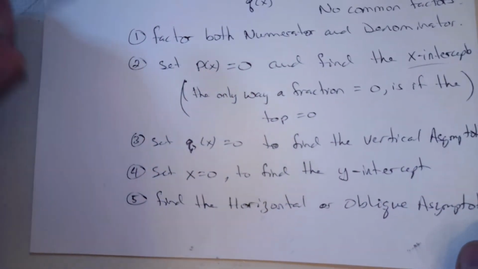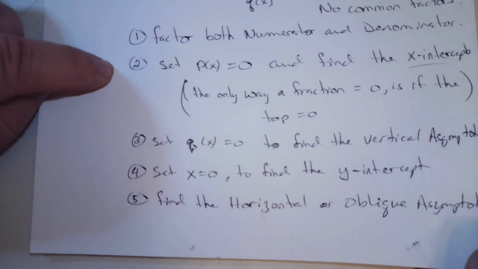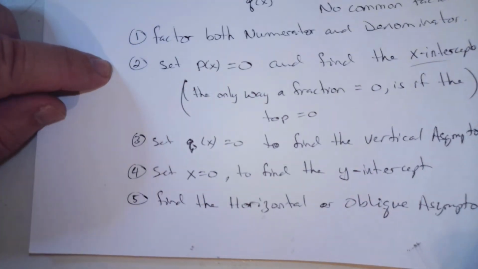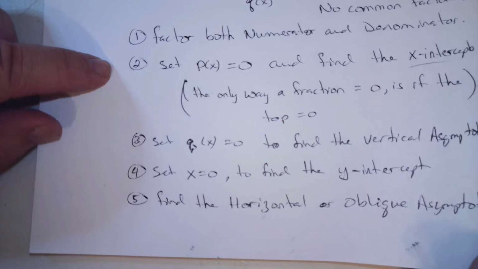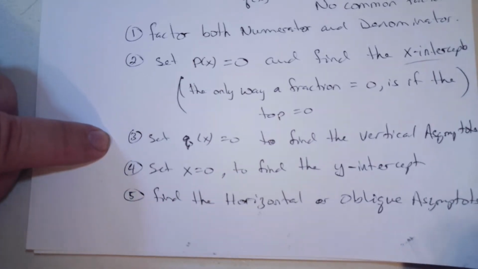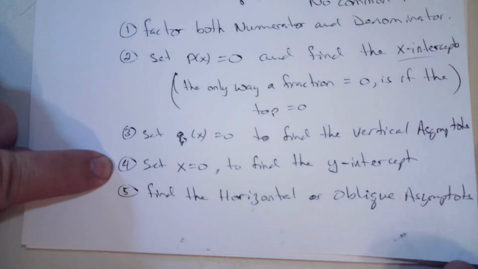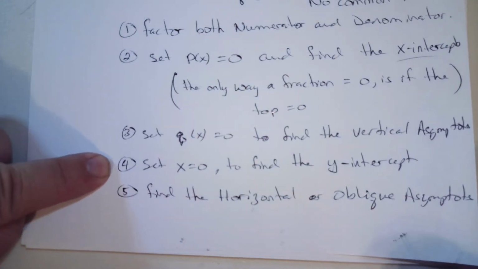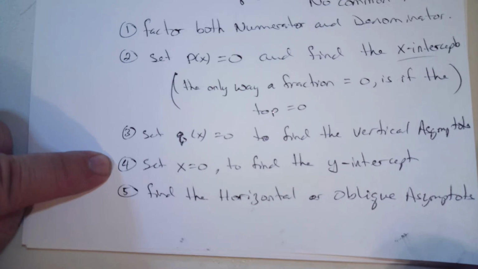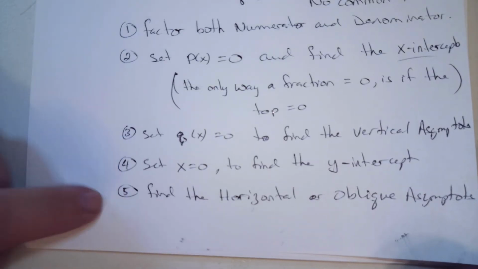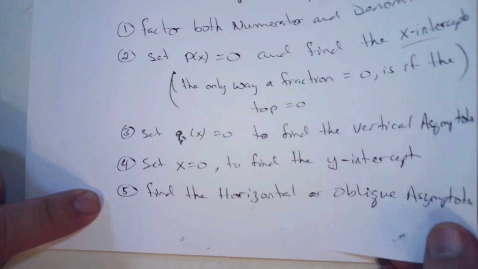So these are the 5 steps. Factor both top and bottom. Set the top equal to 0 and solve; that tells you the x-intercepts. Set the bottom equal to 0; that gives you the vertical asymptotes. Set x equal to 0, and what you end up with is the y-intercept. And then find the horizontal asymptotes.